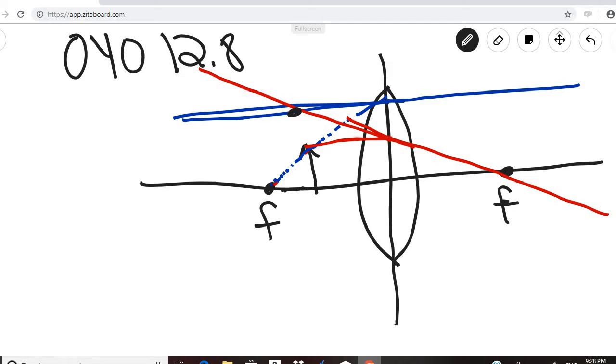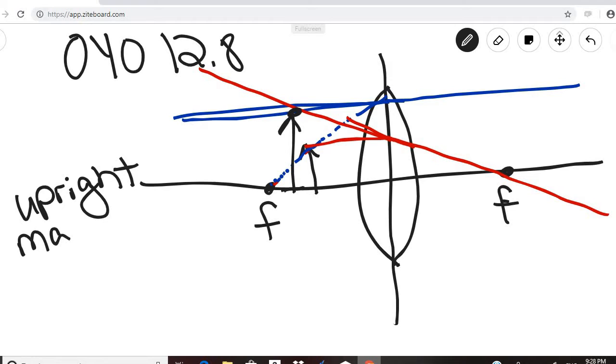So this is the top, so it would be like this. So we would say that it is upright. And it is enlarged or magnified. So this is bigger than this.